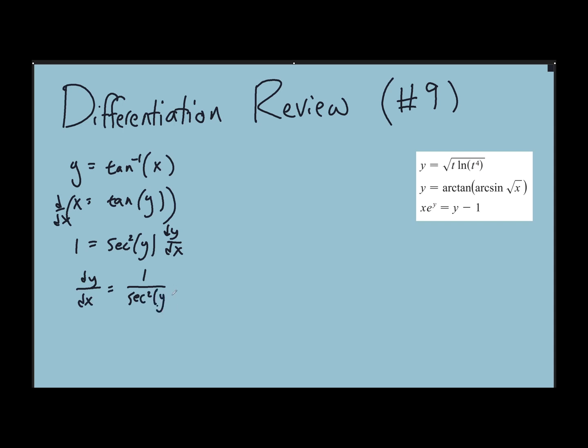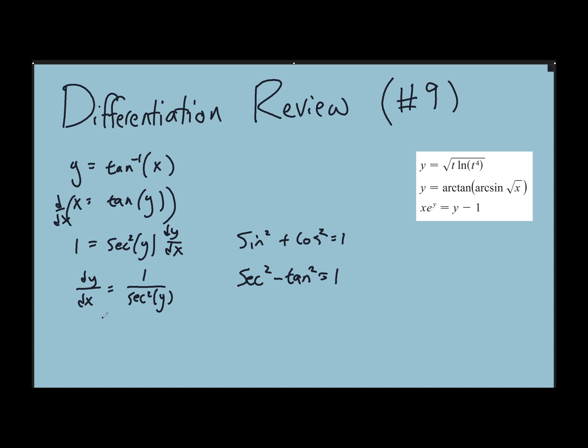So your dy dx is equal to 1 over secant squared of y. So far, so good. Now the last little leap for this derivation, and this is where people get screwed up, so be careful, is to remember the identity that secant squared minus tangent squared equals 1. That's the only thing you have to remember other than sine squared plus cosine squared equals 1. Those are the only things you need to remember.